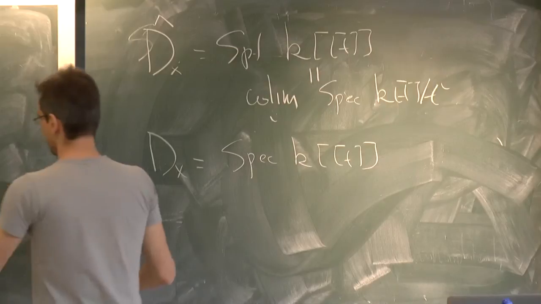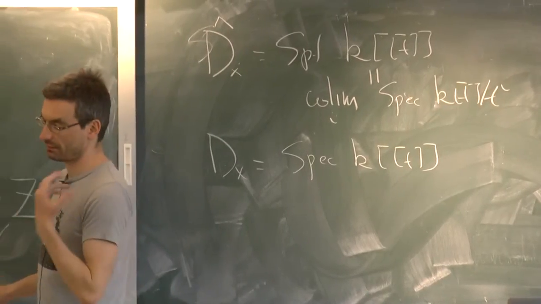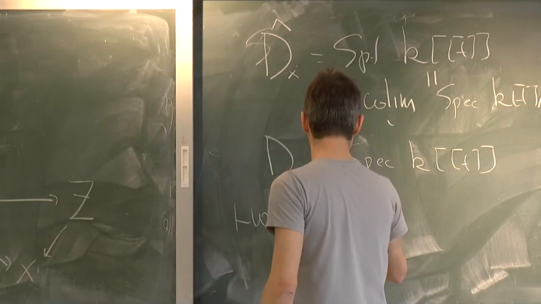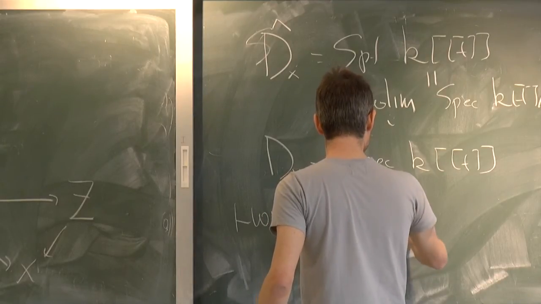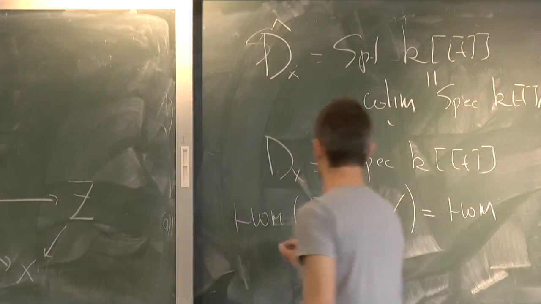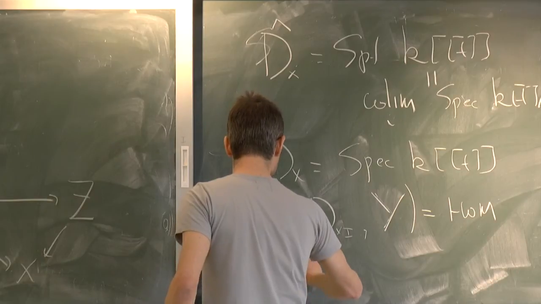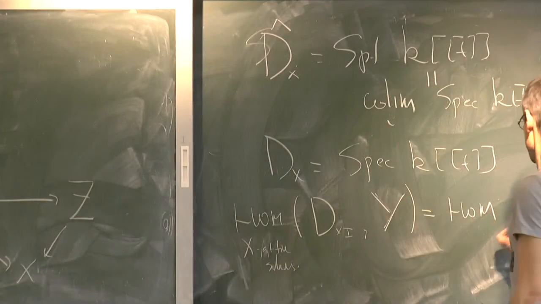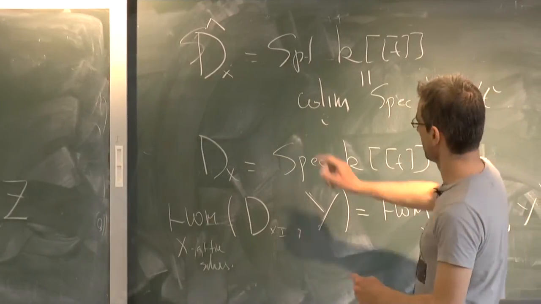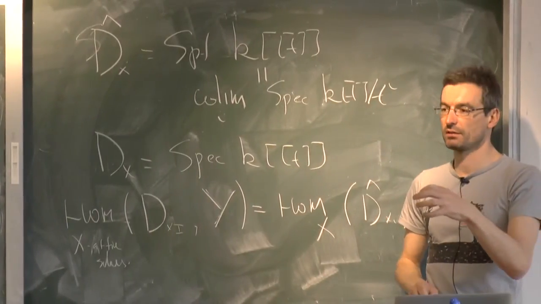It's actually a scheme which is affine over X, defined by the following universal property: Hom from D to any Y is by definition Hom of affine X-schemes, Hom over X. So you have this colimit, and you take this colimit in the category of affine schemes.